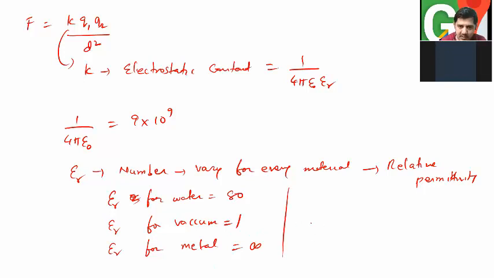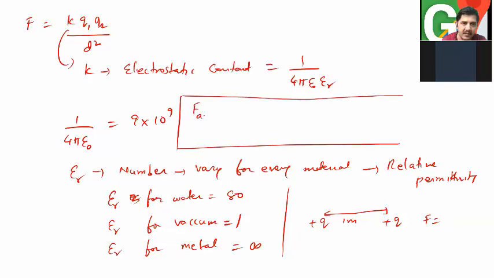First, let us take two equal charges, plus q and plus q, separated by 1 meter. I have kept this in air or vacuum, and I am asking you what is the force between them. The force between them is 1 by 4 pi epsilon naught. Let me work it out here.